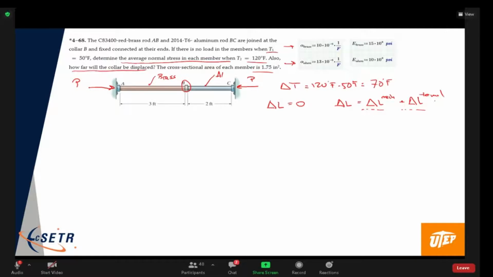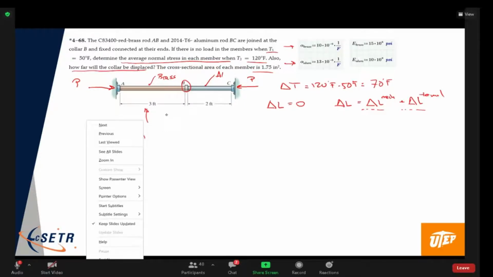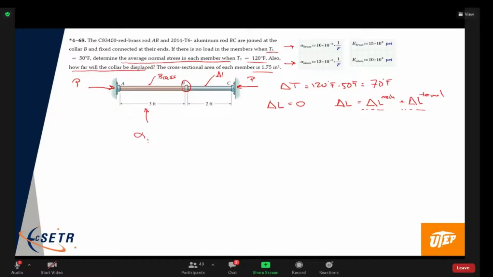So if we're going to do the free thermal expansion, from L, right? So this one is going to expand by alpha for the brass times delta T, right? And we want to get the change in length. So this is the strain. We're going to multiply that by the length, and that length is length AB.